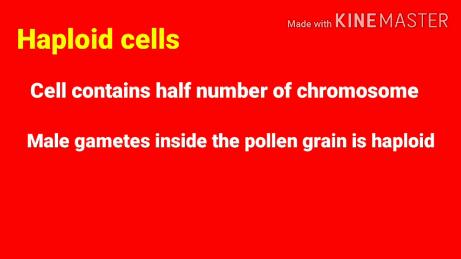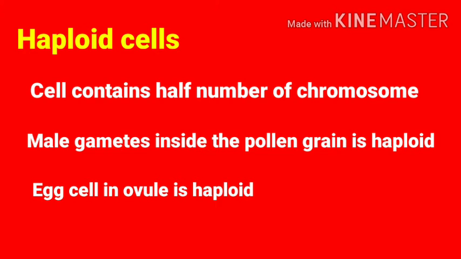Then what about the egg cell inside the ovule? Yes, that is also haploid, with half the number of chromosomes. You got it, right?